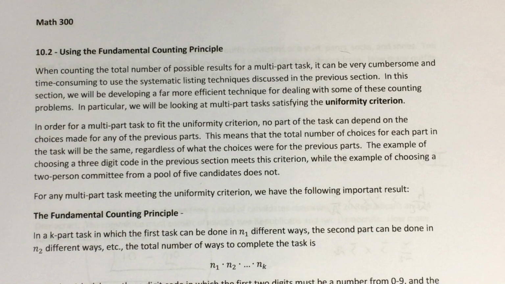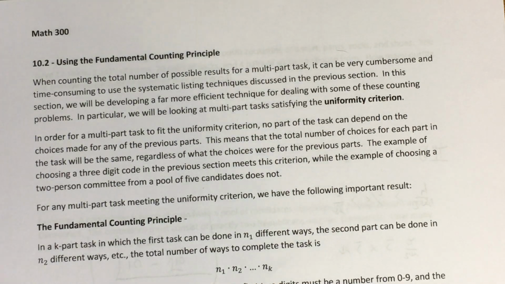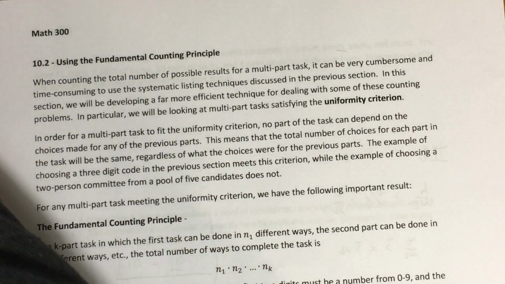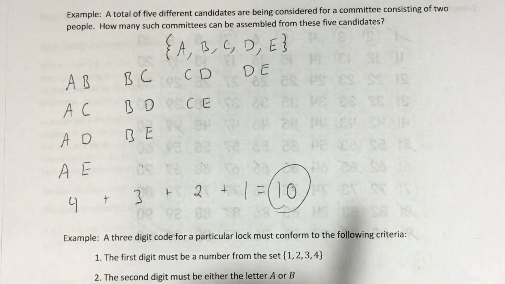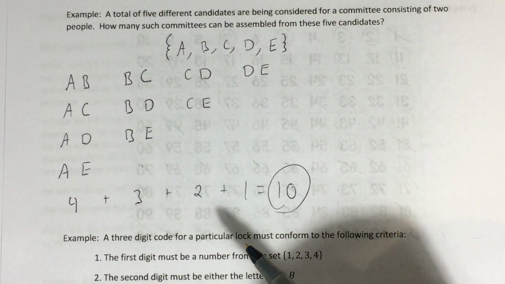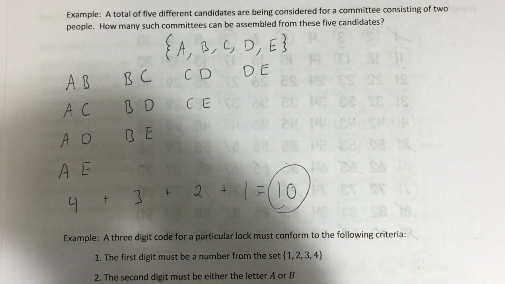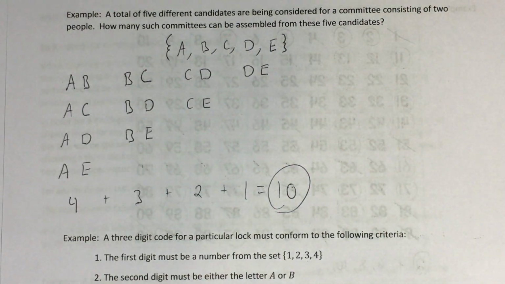Okay, an example where we don't have that criteria satisfied is the example where we were choosing, let's see, where is it? Oh, same page actually. Where we were choosing a committee of 2 people. In this case, the second choice of our person on this committee does depend on the first choice because we can't choose the same person twice.